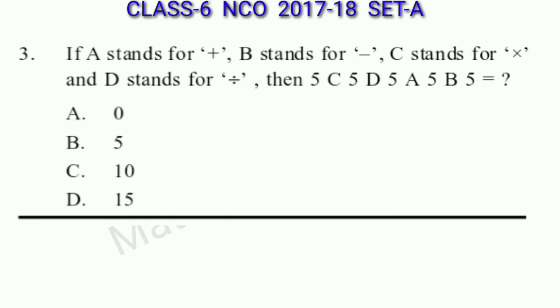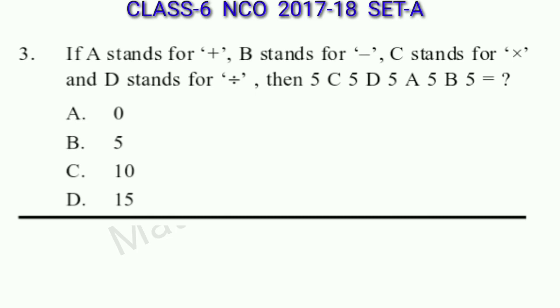Question number 3. If A stands for plus, B stands for minus, C stands for multiplication and D stands for division, then 5C, 5D, 5A, 5B, 5 equals to dash.